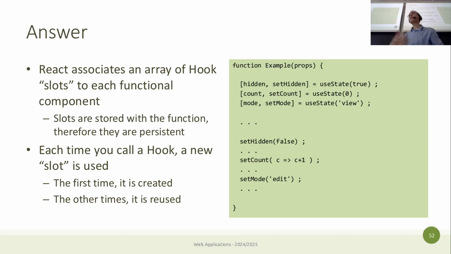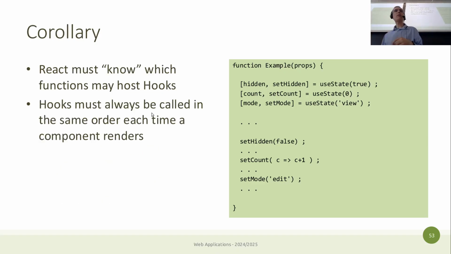Okay, it does what is required for each hook. Okay, so there is a consequence. And the consequence is that React must know which functions may host hooks, and actually only function components in React can host hooks, well, plus custom hooks, but doesn't really matter here.